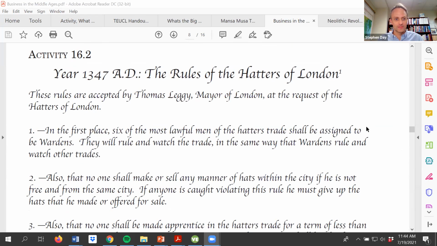Okay, so we're going to have to use the rules of the Hatters Guild here as we divide up into teams to make our hats, okay? Now, here's what we'll do. I'm going to put you into groups.